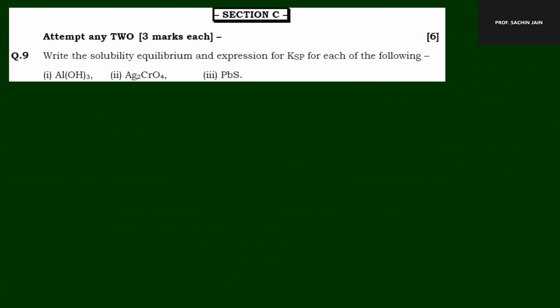Now the short answer second type, the 3 marks one. Question 9: write the solubility equilibrium and expression for KSP for each of the following. What is the solubility equilibrium?